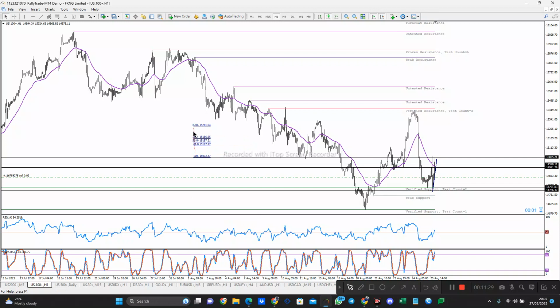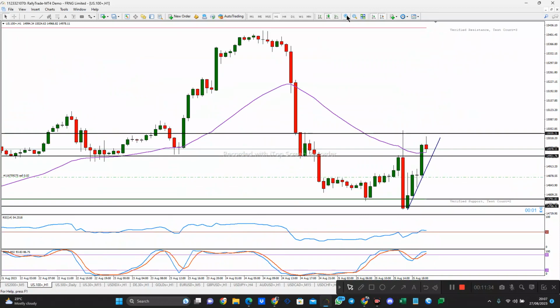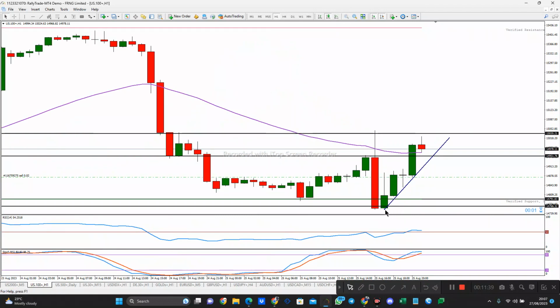So I'll do it on a normal chart, right? So from here right now, this was on 1 hour. You want to draw your Fibonacci from the recent low to the recent high, right? So this is the recent low, and this is the recent high. Now you want to measure where the price is likely to retrace from.